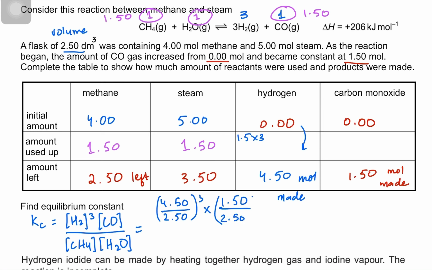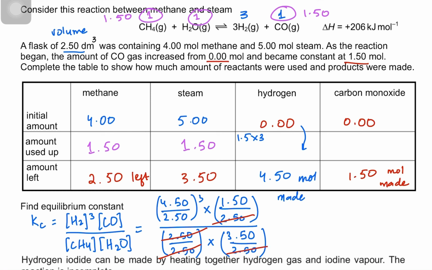That's why I'm putting each amount and dividing it by 2.50, which was the volume. In this case, the reactants are the denominator like every time and the products are the numerator. We can cancel out the carbon monoxide values and other values to make our calculations simpler.